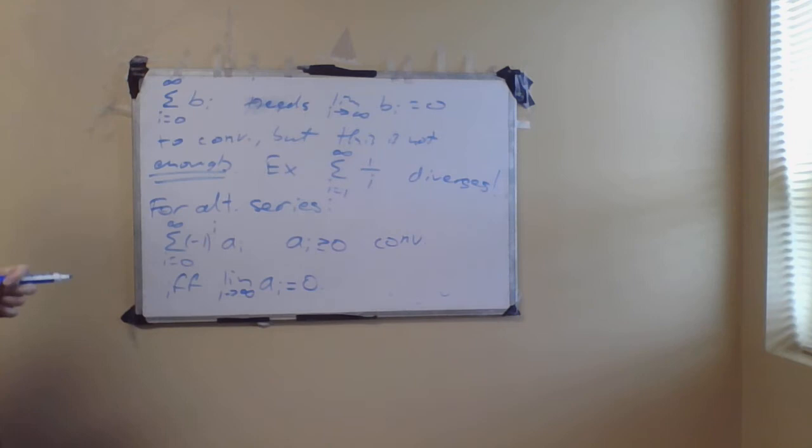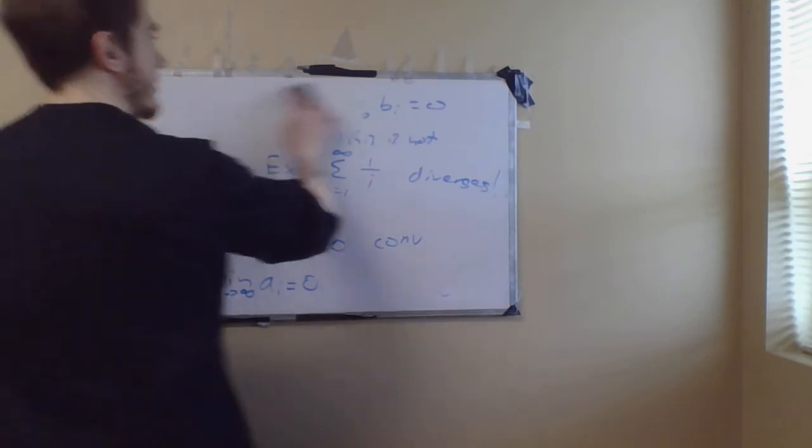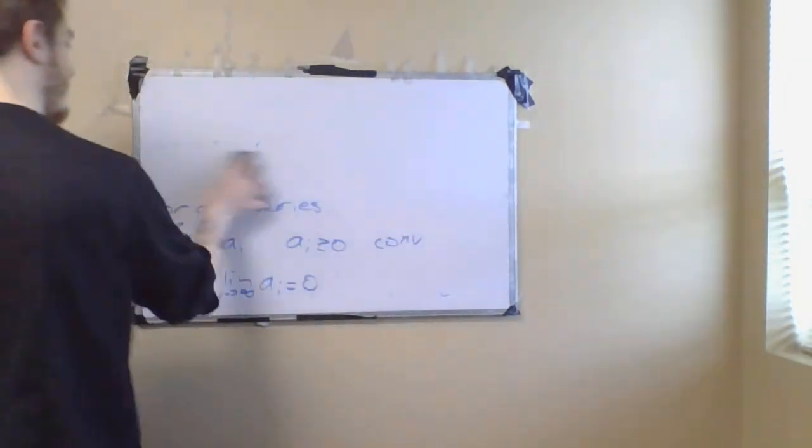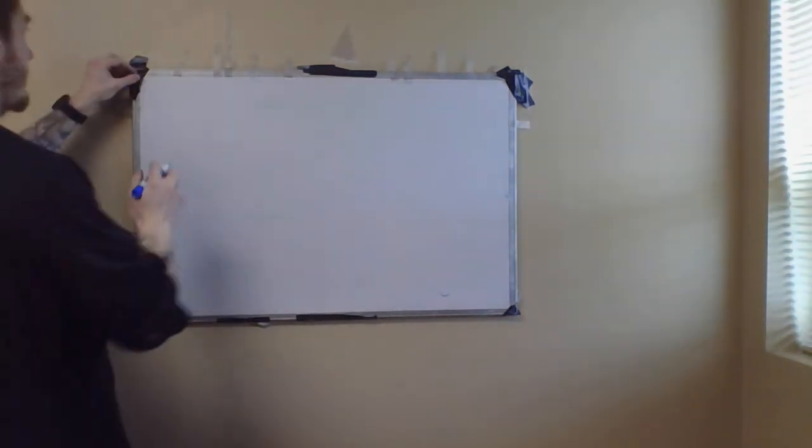The reason for this is not too difficult to see, but we're actually going to prove a slightly simpler but not quite as general statement. So we're going to prove the following fact.